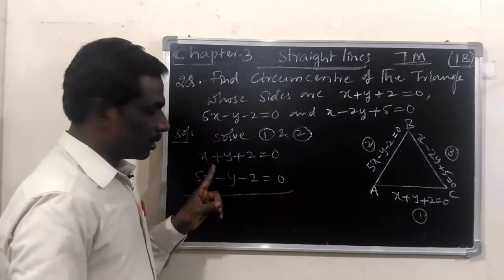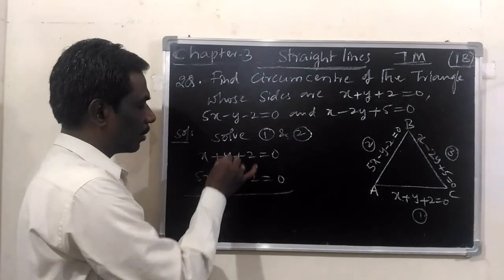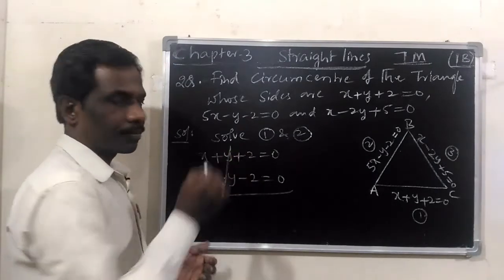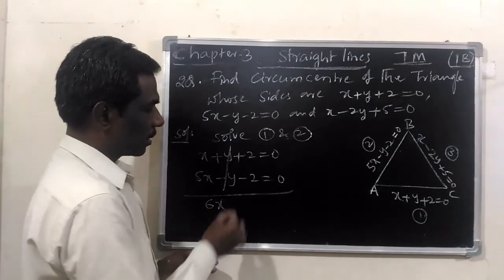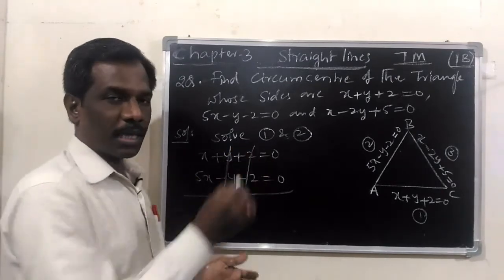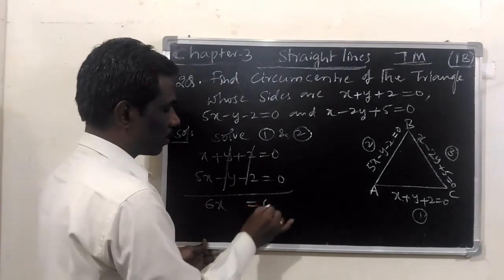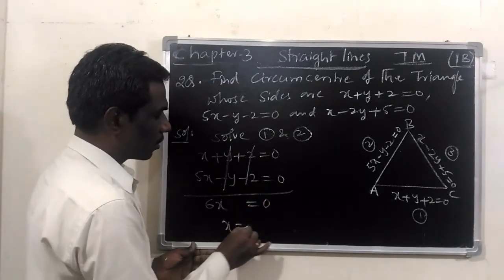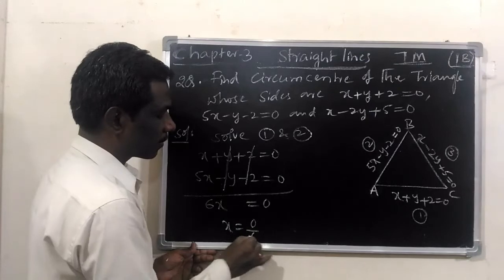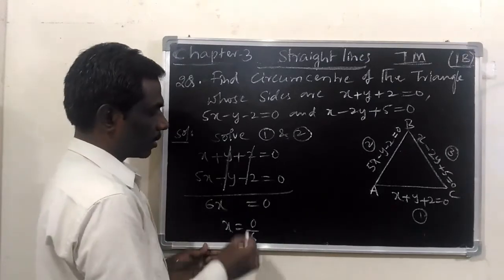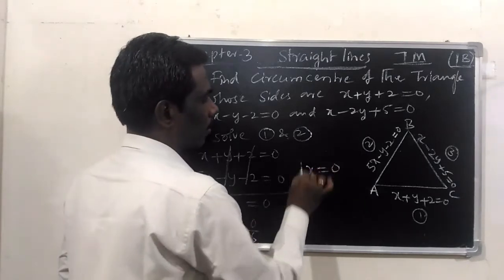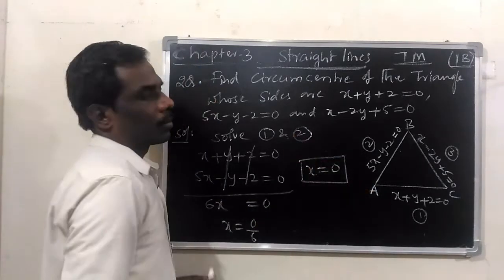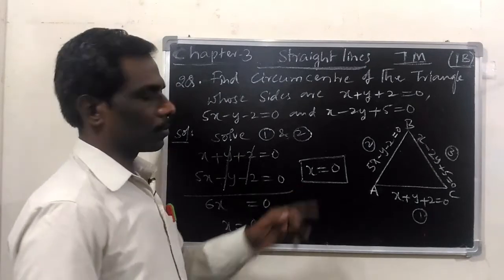Without changing the signs, plus y and minus y get cancelled, and x plus 5x is 6x, and plus 2 minus 2 also gets cancelled, equals 0. So x is equal to 0 by 6. 0 divided by anything is 0. We get x equal to 0.